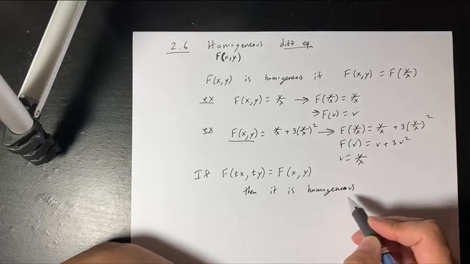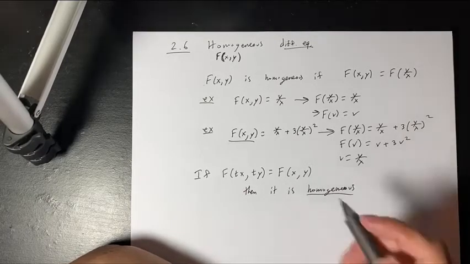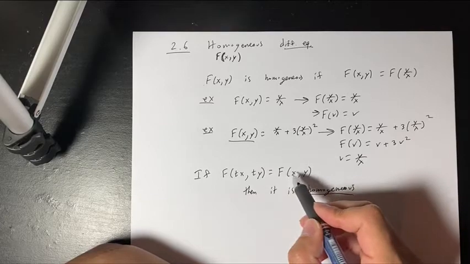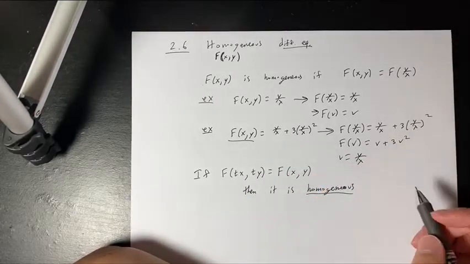Later on, you'll see this definition used again for a different setting, and it's actually quite related through this property. If you have a common factor, you can cancel it out.